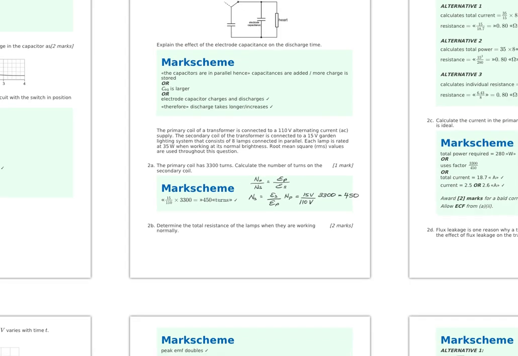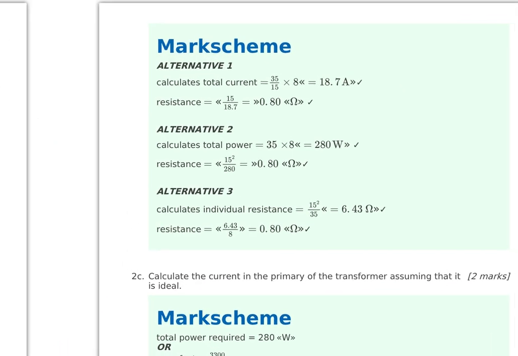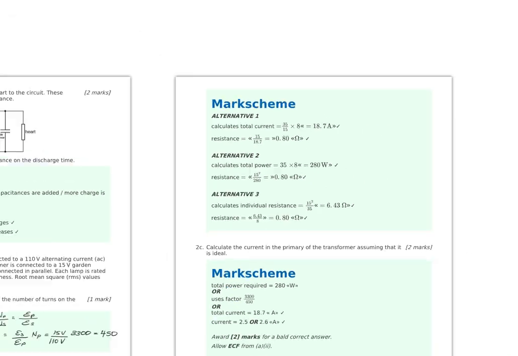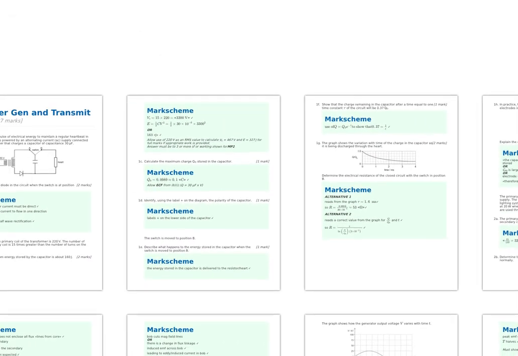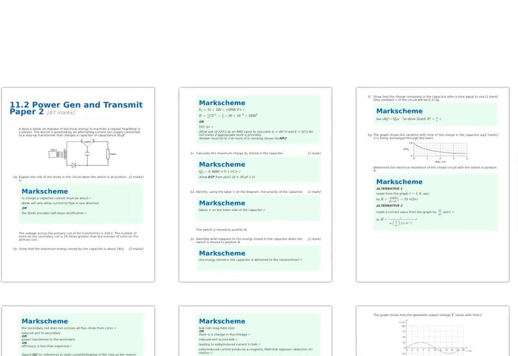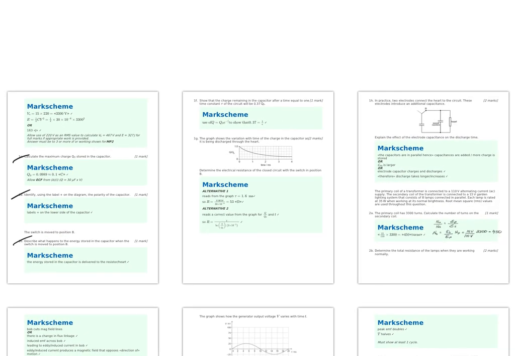2B is the total resistance of the lamps. You can calculate that, but that's not really topic 11.2. Let me actually, hold on. So 1 is out. No, no, no. I missed that one.